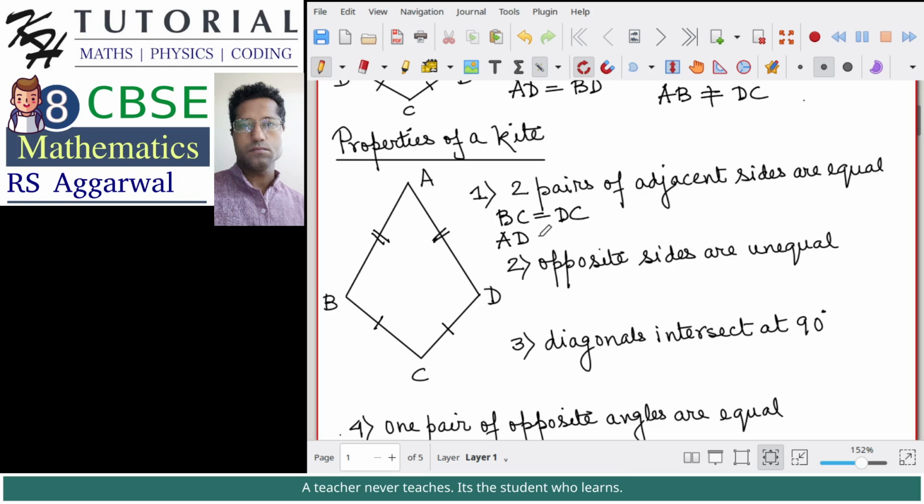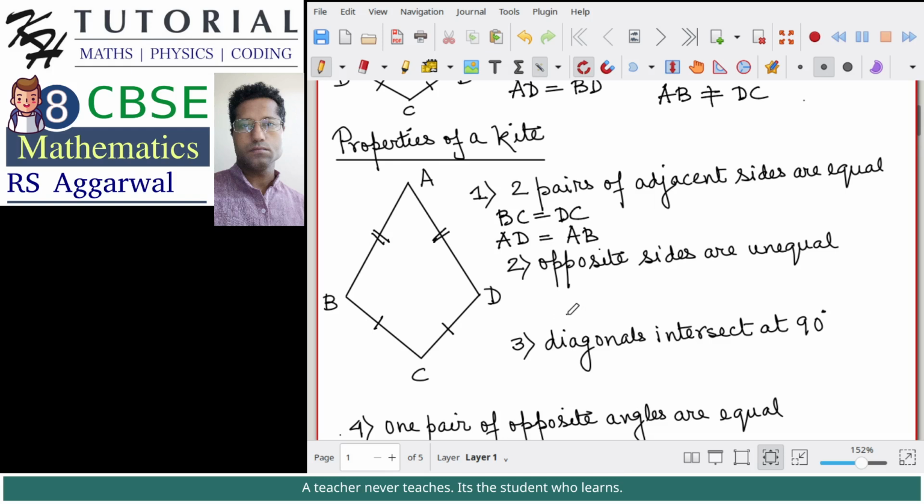AD is equal to AB. So BC and CD is one pair of equal adjacent sides, and the other pair of equal adjacent sides are AB and AD. So the first property is that it has two pairs of equal adjacent sides.